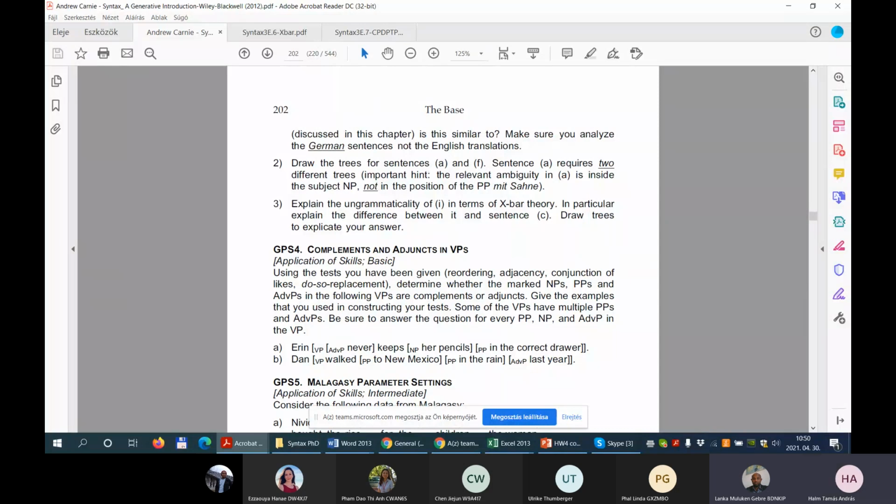So I used it when I dismantled the 3. The first one, VP and ADP never keeps, are used as complements, and the second, her pencils, is used as adjuncts, and the final PP, in the correct drawer, is adjuncts. And also I used another test, did so or did to replacement.